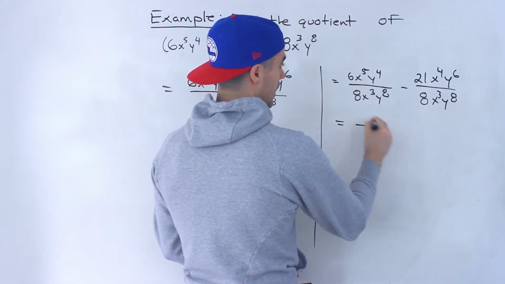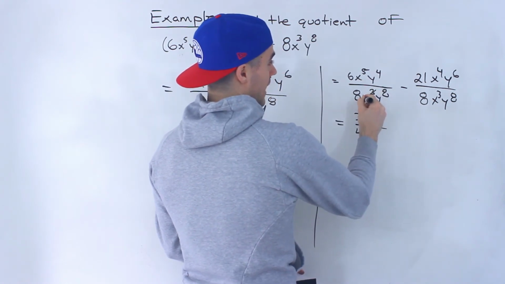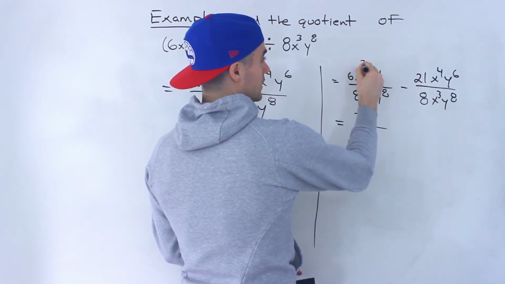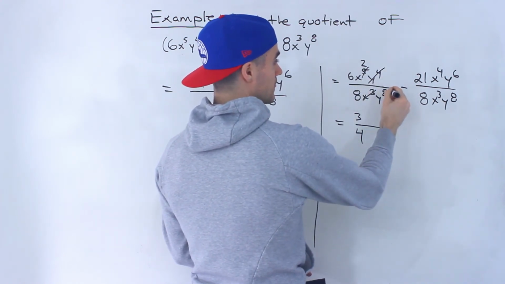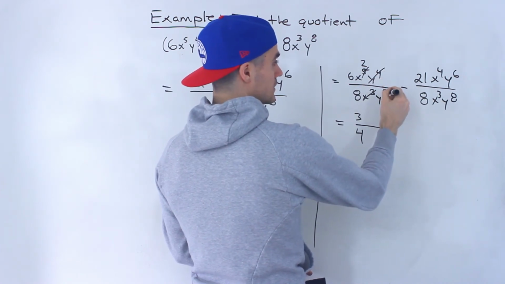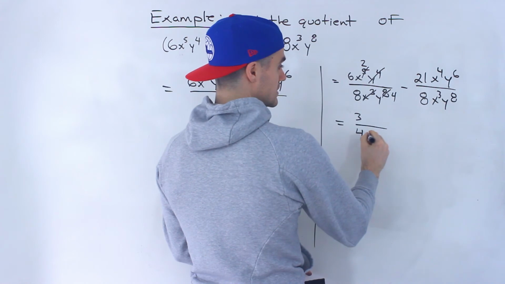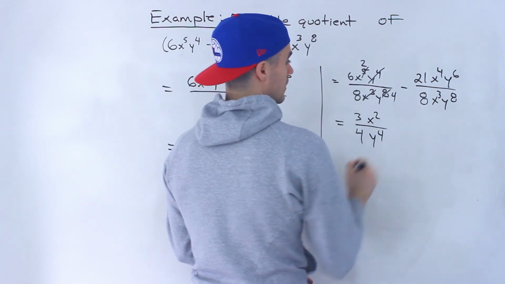Look, the 6 over 8, that simplifies to 3 over 4. 3 x's at the bottom, 5 x's at the top, meaning there's 2 x's left at the top, 4 y's at the bottom, 4 y's at the top, 8 y's at the bottom, meaning that there's 4 y's left at the bottom. So we would have x squared y to the 4.